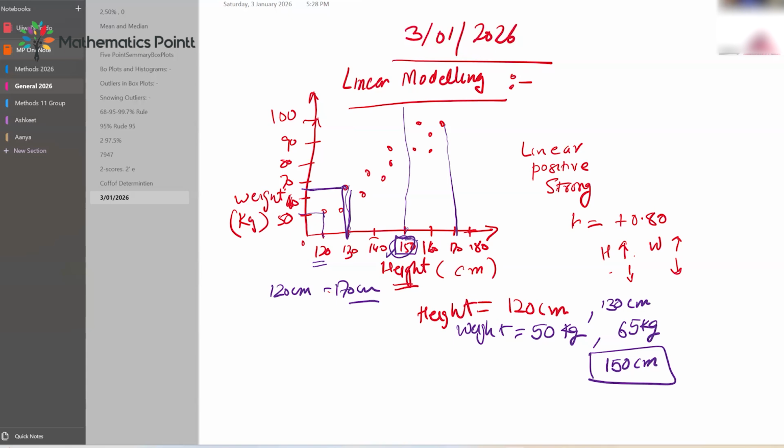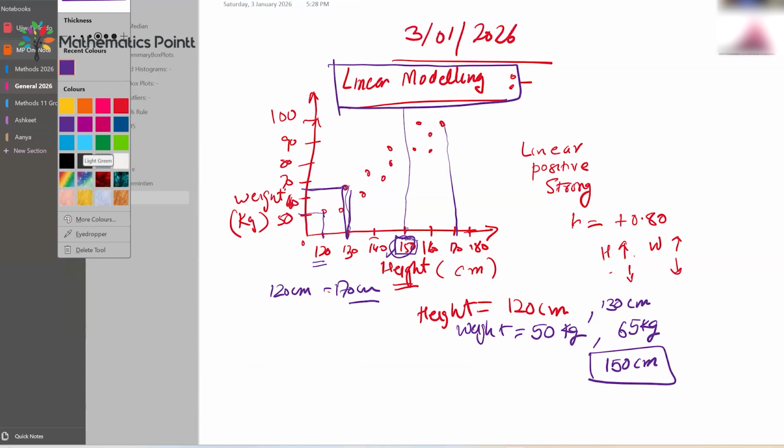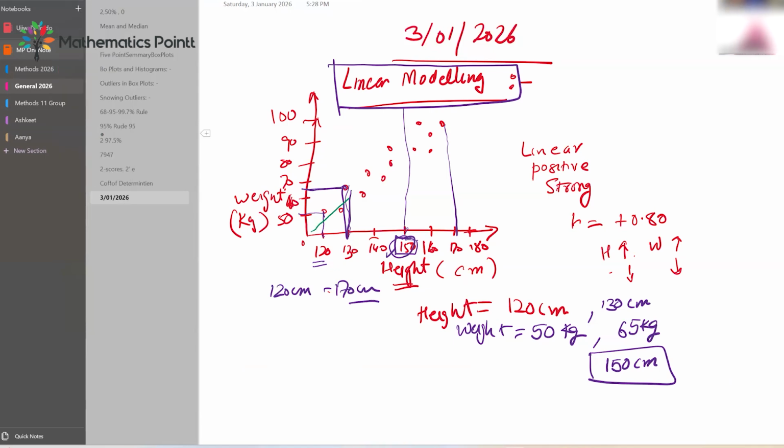The way I do it is something called linear modeling. What is the linear model? The linear model says that I will now draw a line, and hear me out loud and clear. Probably I'll change the color of my pen. Let's say I take a green. I will draw a line bang in the middle of my scatter plot.